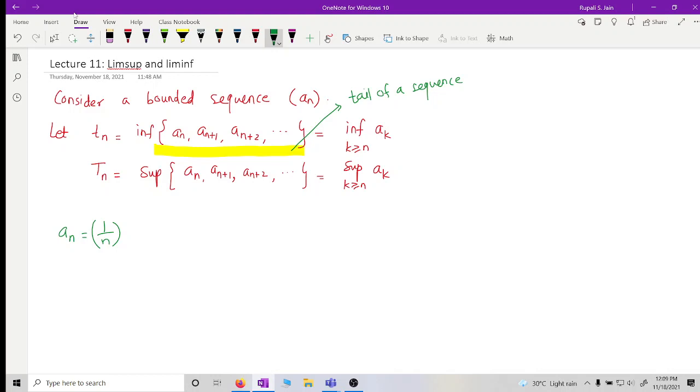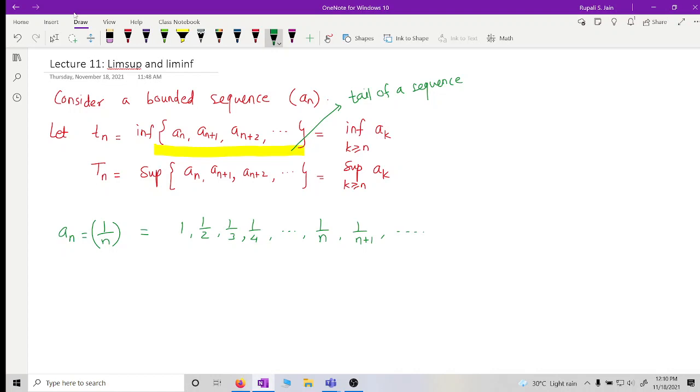What is the upper bound? 1. Because this sequence is nothing but 1, 1 by 2, 1 by 3, 1 by 4 and so on. So the nth term is 1 by n, then 1 by n plus 1 and so on, right?